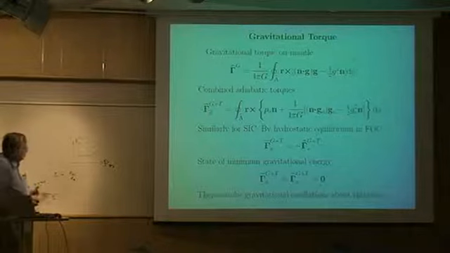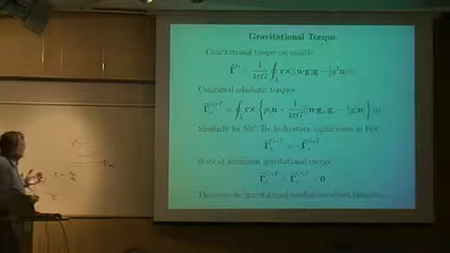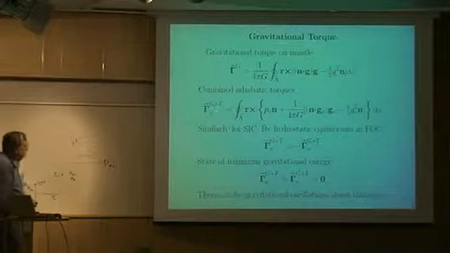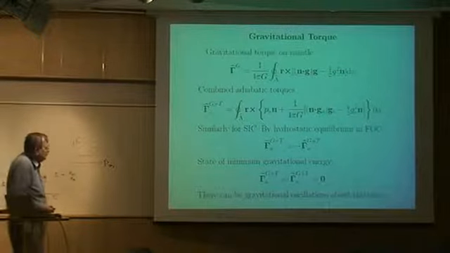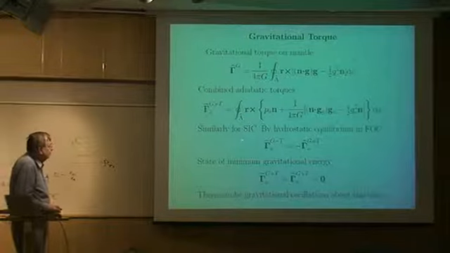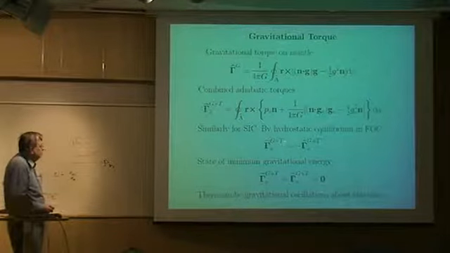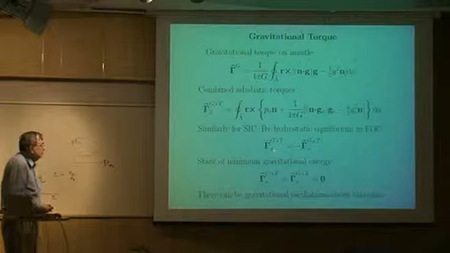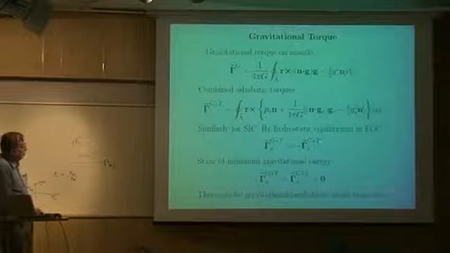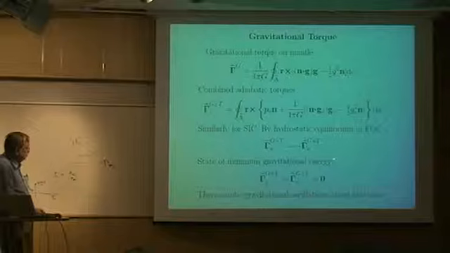So, what's the state of affairs? You have this G plus T torque, that's gravity plus topographic torque, and these adiabatic parts of these things necessarily satisfy this balance. It says that the torque on the mantle created by the inner core is equal and opposite to the torque created by the inner core on the mantle.